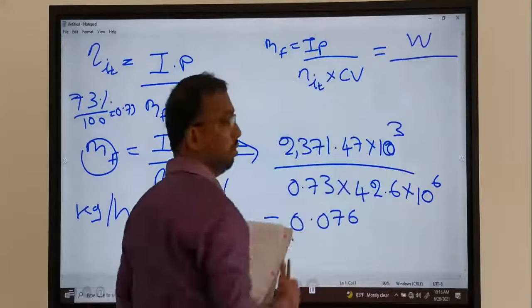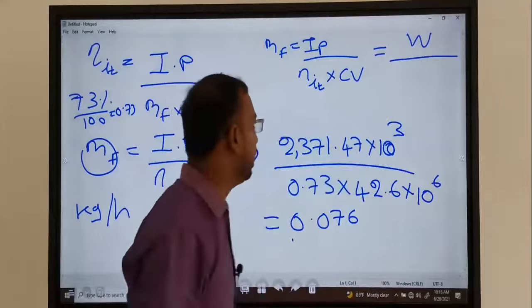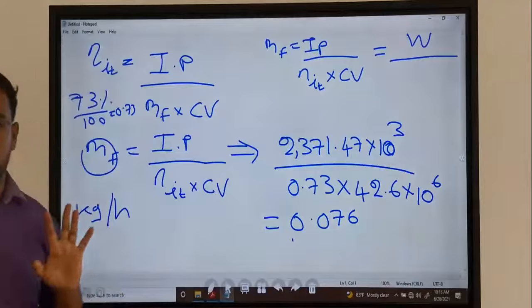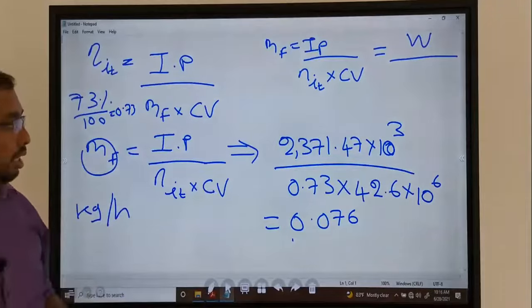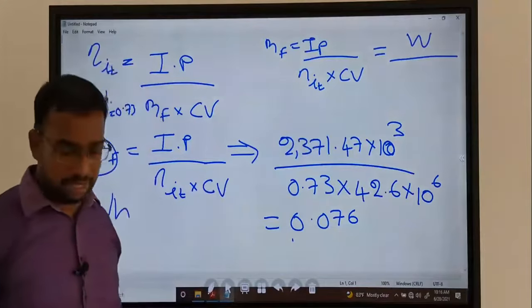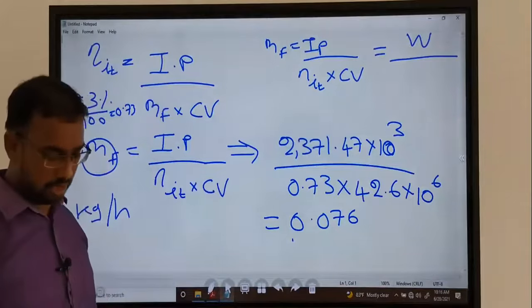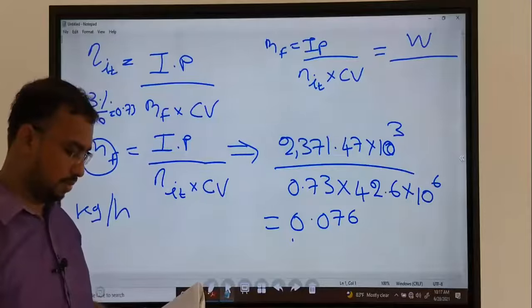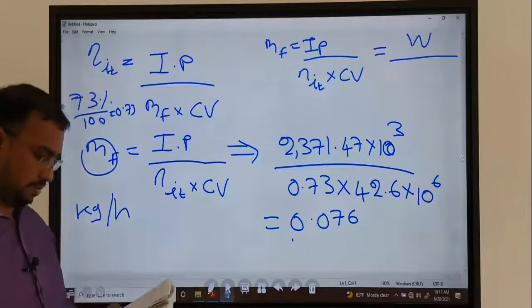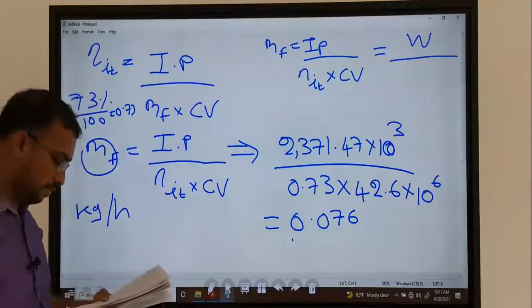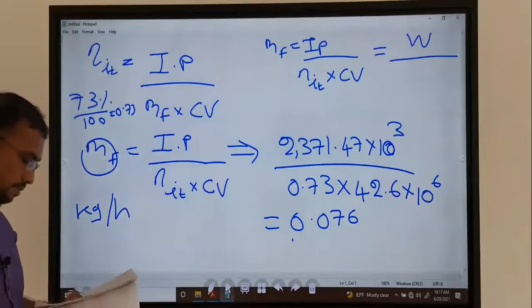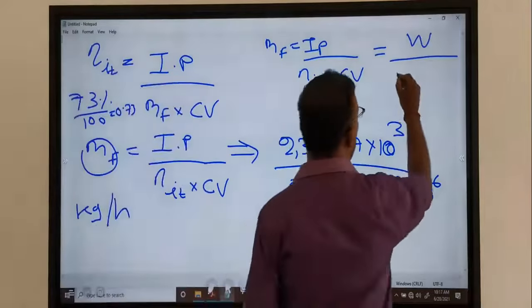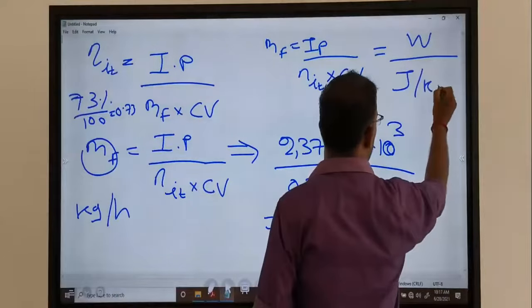Thermal efficiency is a number, it doesn't have any unit. But the calorific value is joule per kilogram.